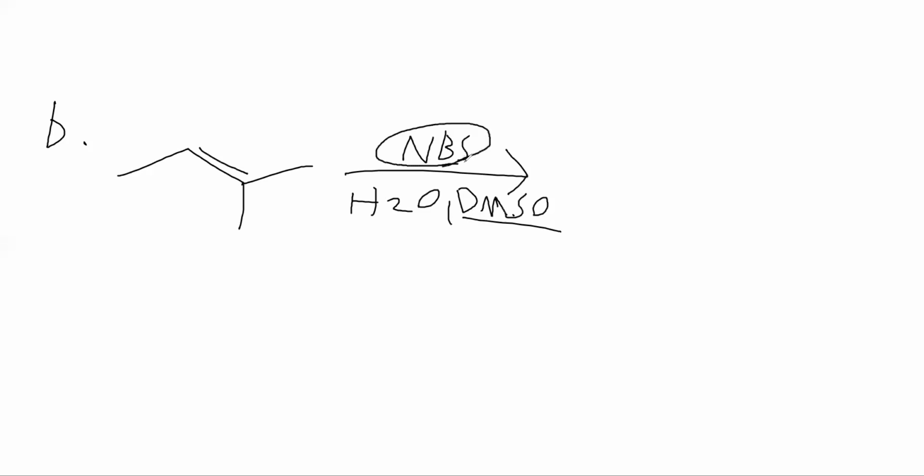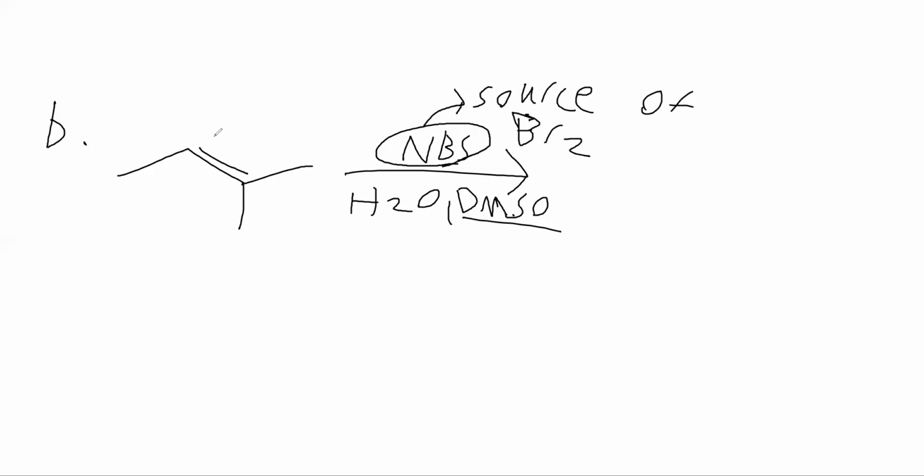Do any of you remember what purpose NBS serves? Is the NBS a bromide source? Yeah, it's a source of bromide. That's correct. So it's a source of Br2 because it's easier to handle than Br2 by itself.